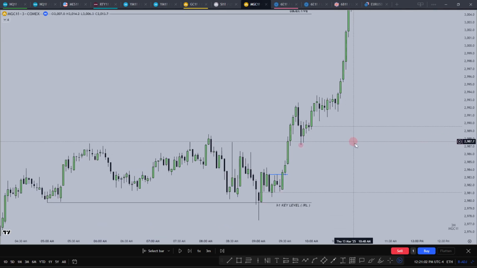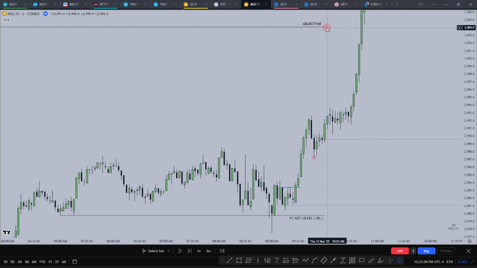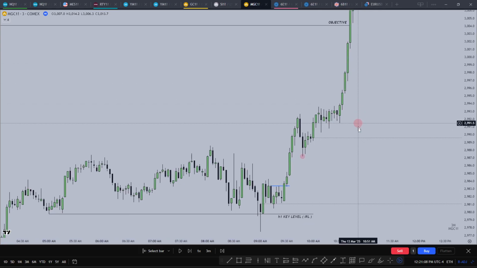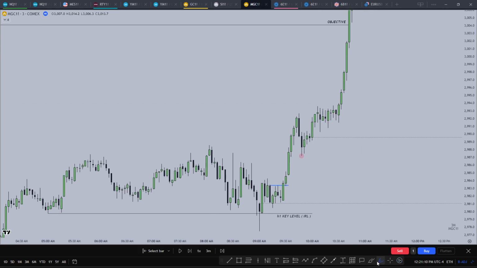Okay. So this is SMR. This is SMR 0. 0 is what? Low risk buy.